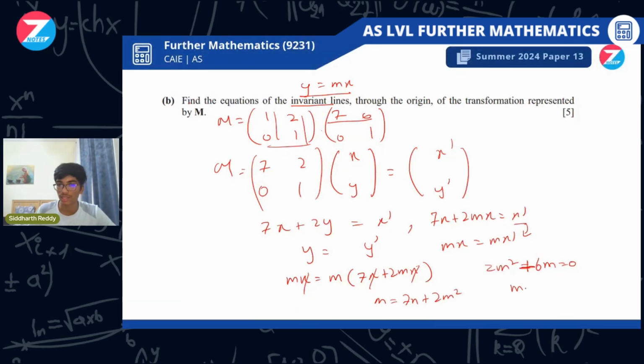One solution is obviously m equals 0, in which case the line would be y equals 0x, which is just y equals 0. Another solution: 2m squared equals minus 6m, so 2m equals minus 6, and m equals minus 3. So another solution will be y equals minus 3x.